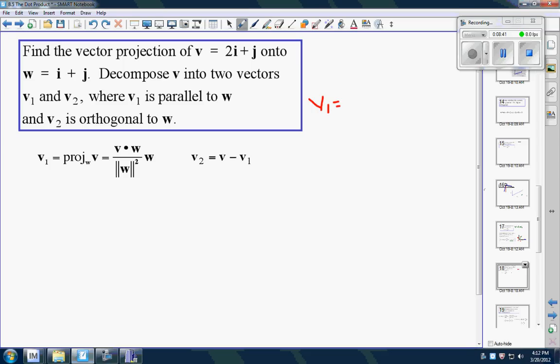It's going to be the dot product of these two guys. Two times 1 plus 1 times 1 is 3. Now we're going to need the magnitude of W squared. So let's go find the magnitude of W first.